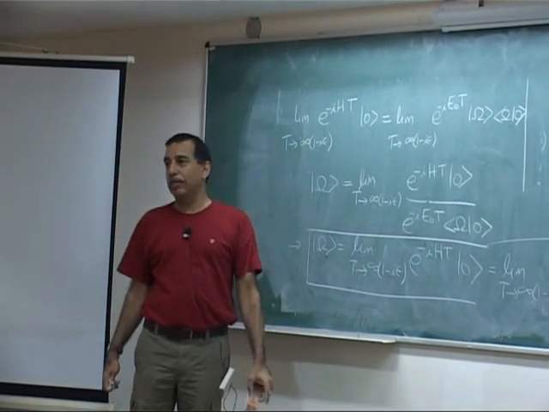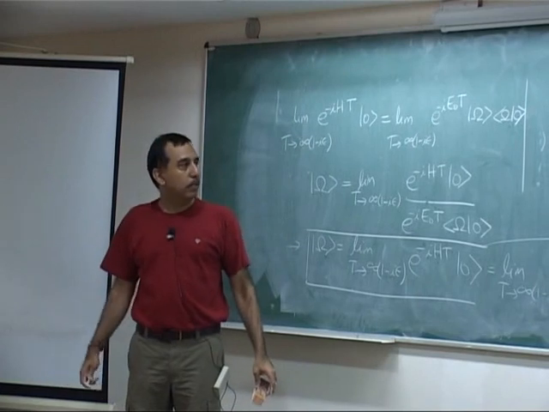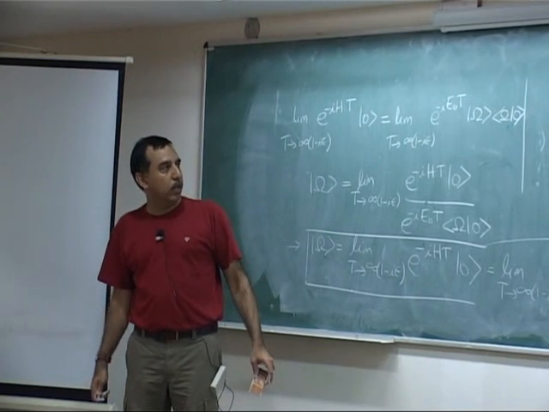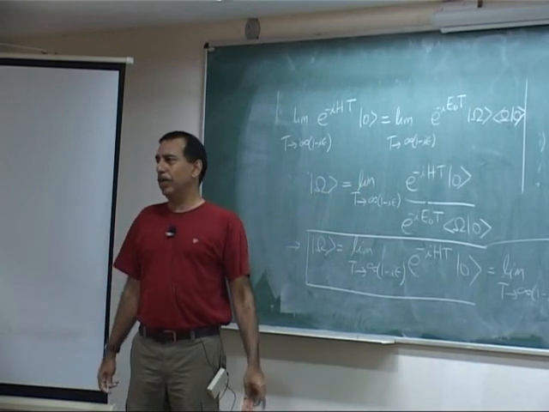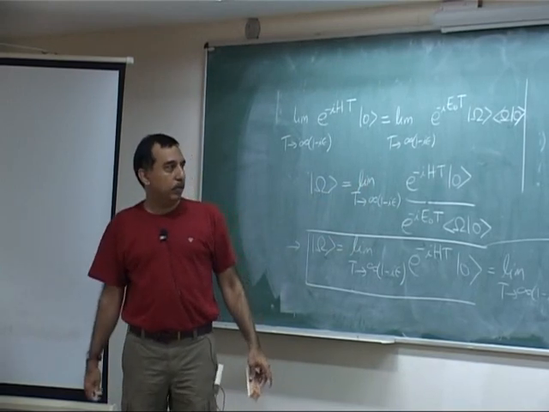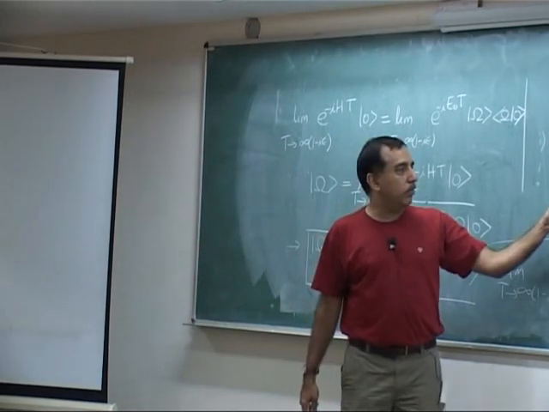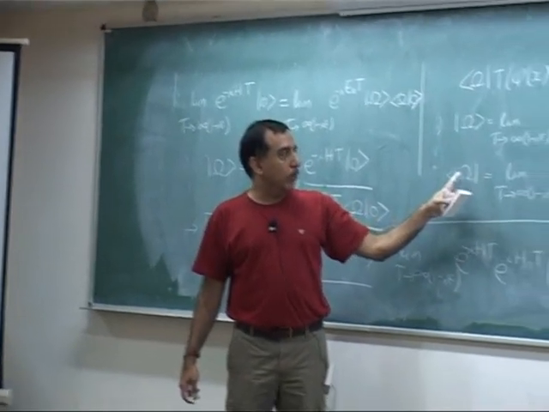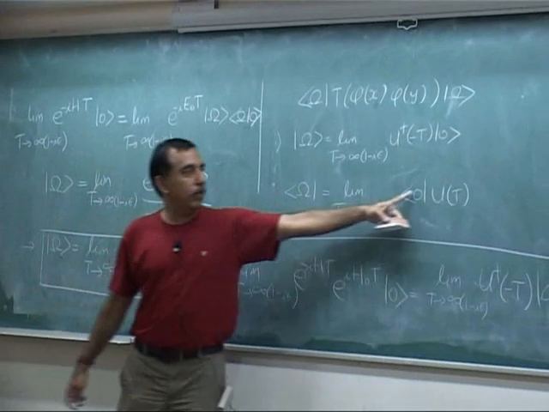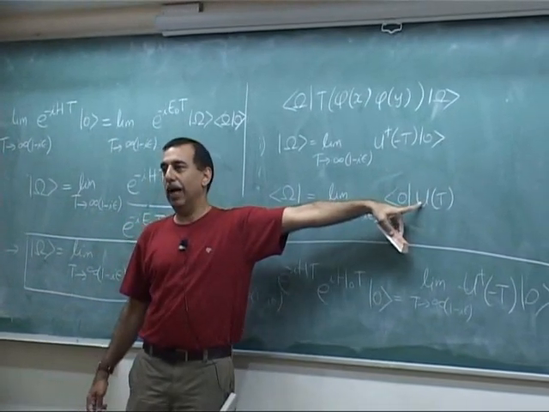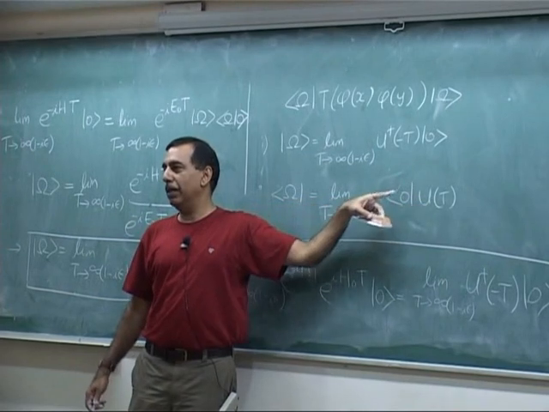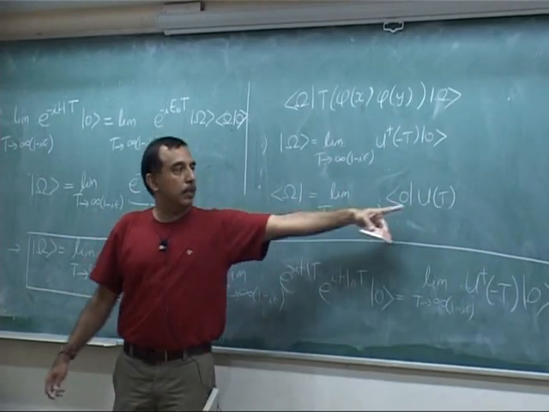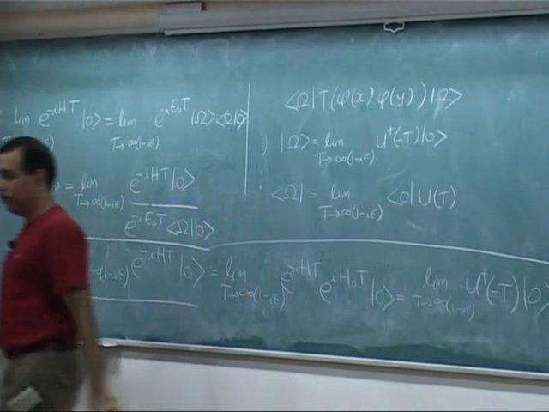So you need to start from the beginning. I don't know if it's easy to get this by taking the dagger of U. It should be somehow, but I'll leave this for the tutorial. One way you can certainly do it is start with the evolution of the free vacuum on the left with the Hamiltonian, which involves a minus, because that is e to the minus iHT, and then convert it to this form and see what you get.